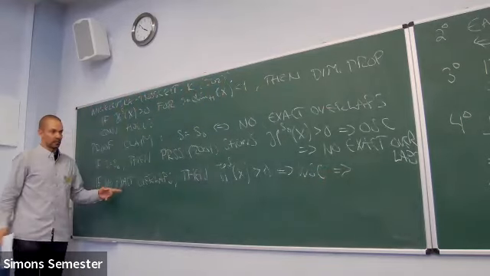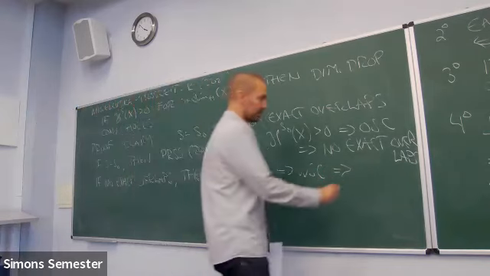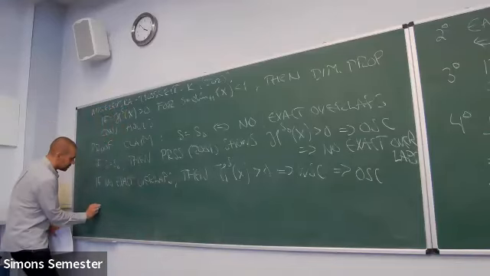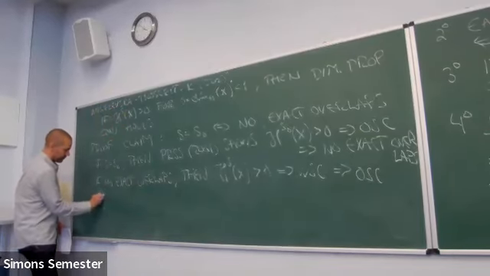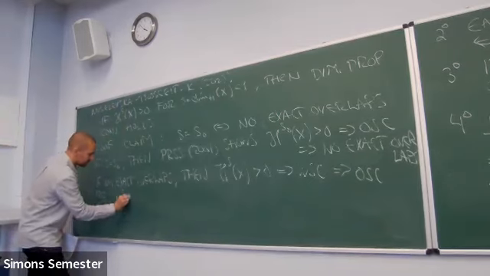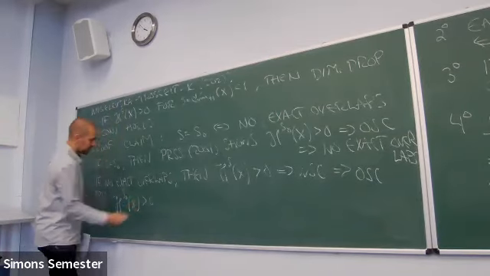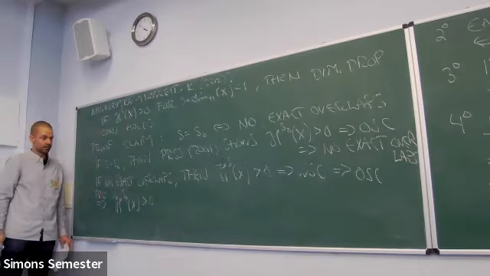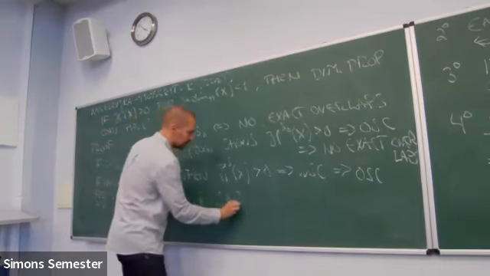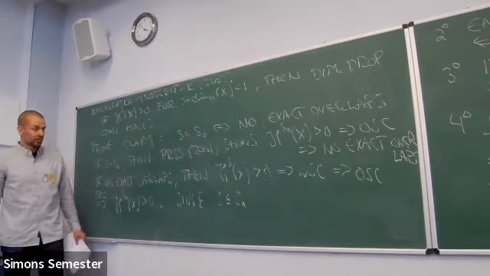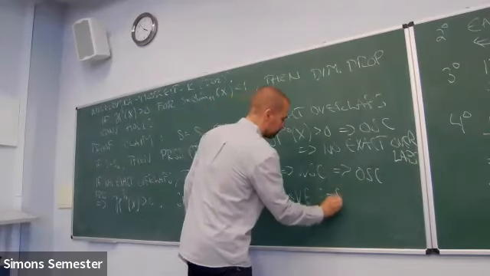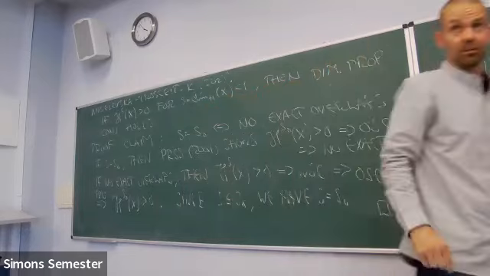And if there's no exact overlaps, then the weak separation condition is the same as the open set condition, which by their result shows that the Hausdorff measure at S0 is positive, and since we know that S is at most S0, we have that S equals S0.